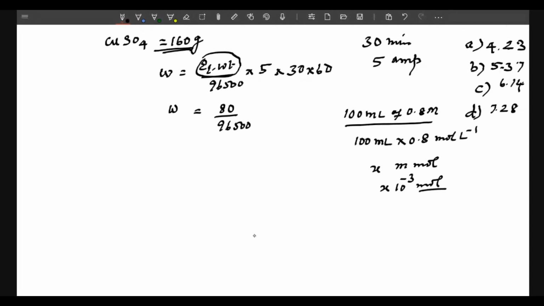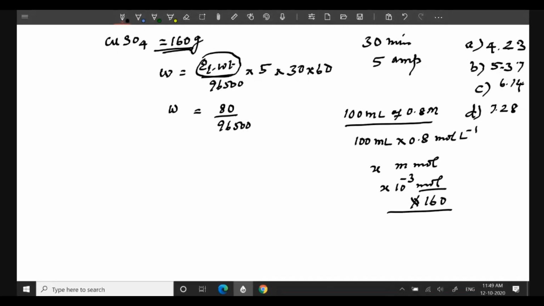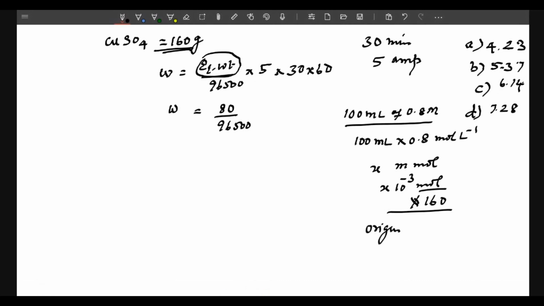And 1 mole is equal to how many gram? 160 gram. Therefore, multiply it, and you will get the original weight of copper sulfate.